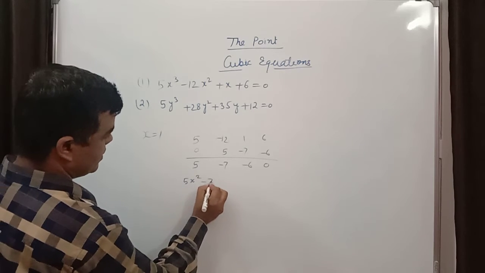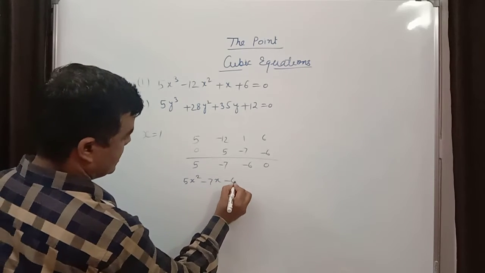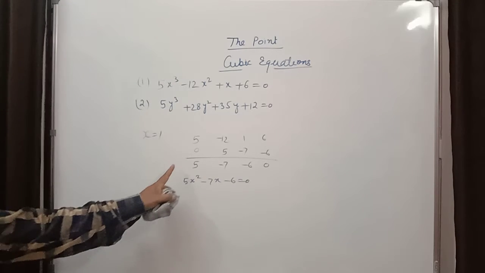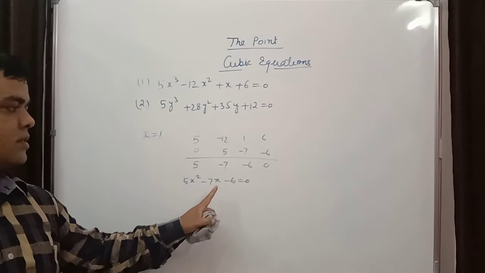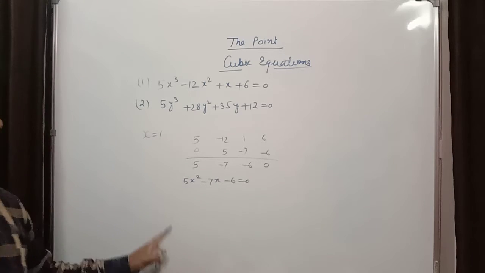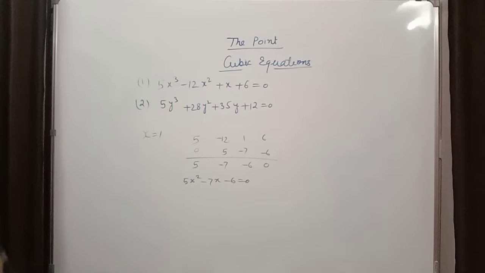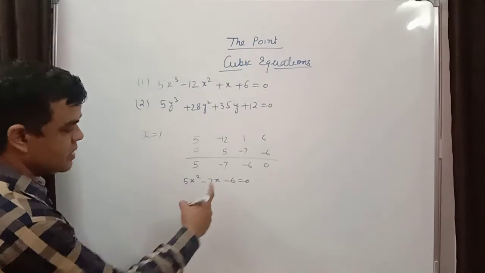So what will be the quadratic equation you will get? 5x square minus 7x minus 6 is equal to 0. Now you solve this. 30, and 10 times 3 is 30.